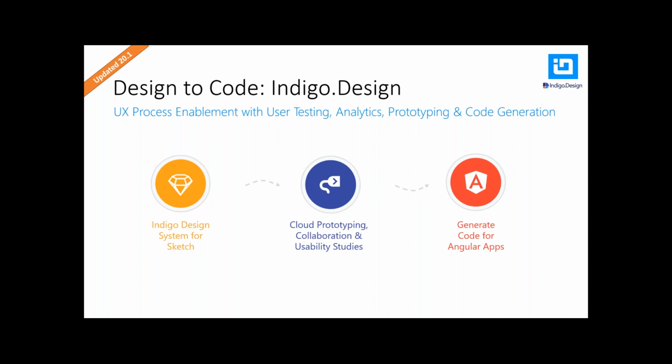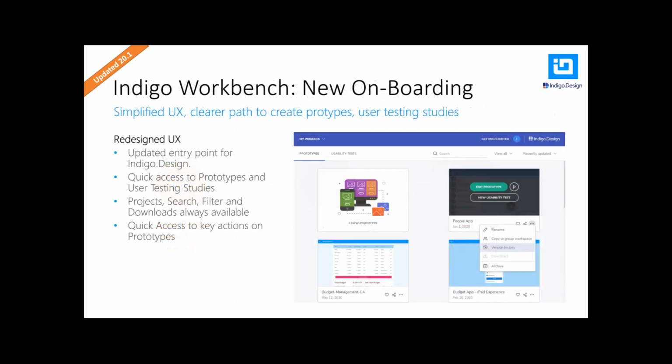Then in the cloud, we have a cloud service which allows you to do prototyping, image-based prototyping, collaboration with stakeholders, with threaded commenting, usability studies, sharing, as well as some of the cooler things today you'll see around markup and getting actual CSS from those designs right from the cloud. And then finally, you can generate apps for your design. And this story continues throughout this year. We will continue to talk about getting code from design, the whole design to code experience, culminating in some of the cool stuff we're shipping with the app builder later this year.